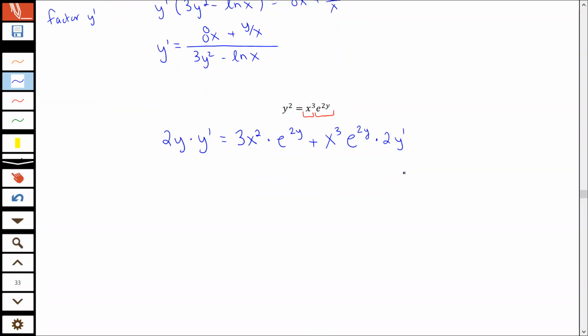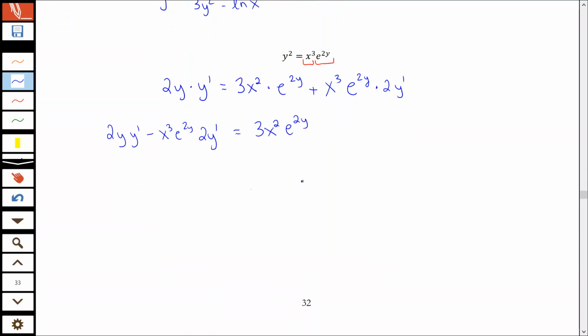What do we have to do? We have to bring everything with a y prime to the same side. So I'm going to have 2y y prime minus x cubed e to the 2y y prime. And I'm going to have this 3x squared e to the 2y on the other side. Now I factor out that y prime, pull it out, and leave whatever we've got left.